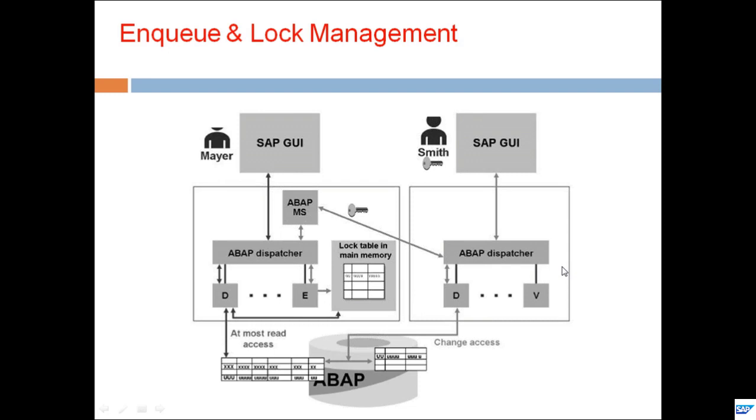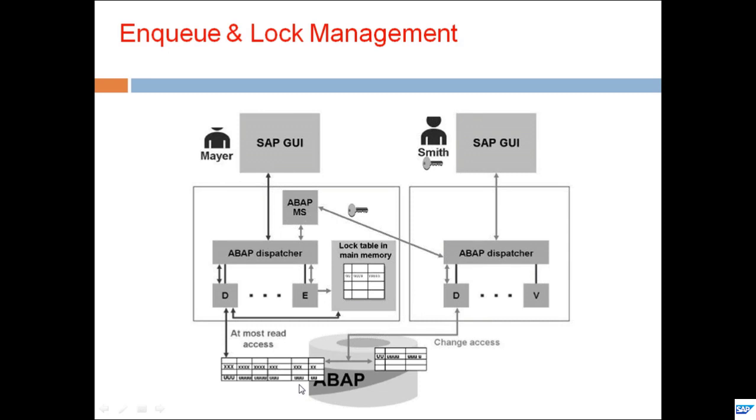Now, the SAP lock concept works on the principle that SAP programs make lock entries for data records to be processed in the lock table. So lock entries can only be made if none already exist for the table entries to be locked. Here, the enqueue work process manages the logical locks of the SAP transaction in the lock table.